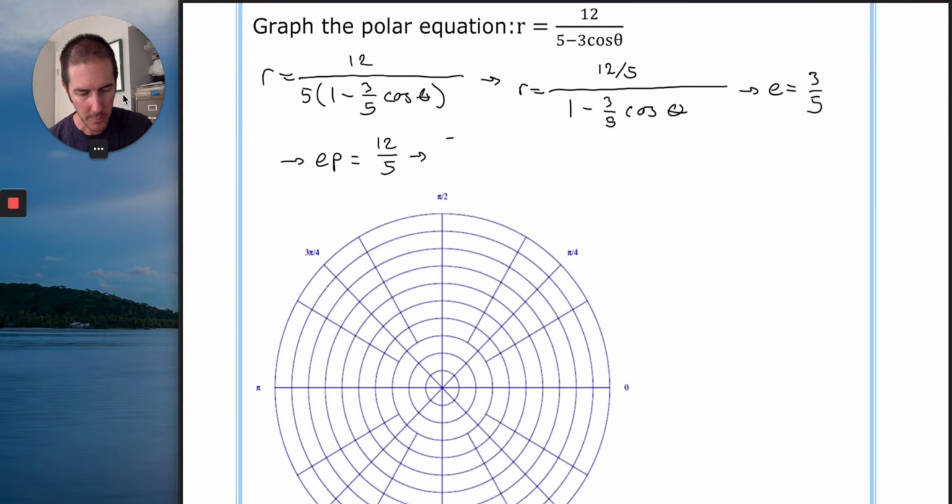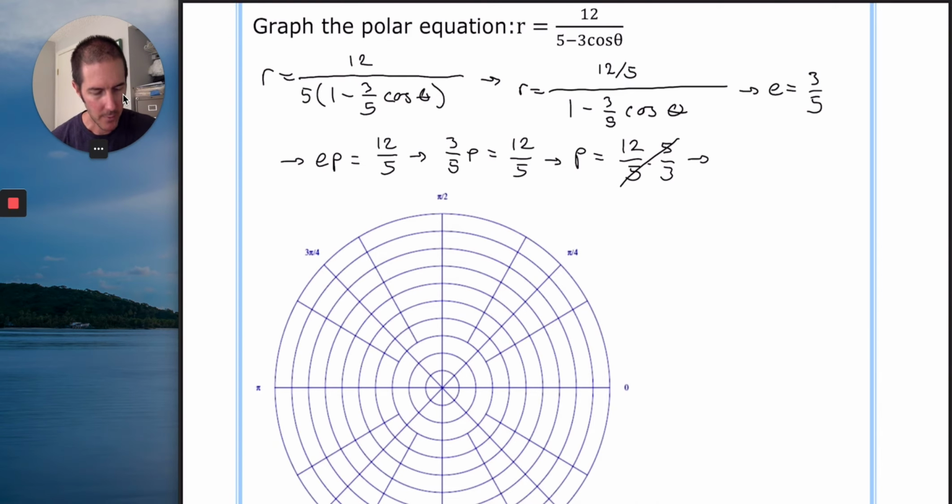Our e value is 3/5 times p equals 12/5. Multiply both sides by the reciprocal of 3/5. So p is going to equal 12/5 times 5/3. The 5's cancel. 12 divides by 3. That's very nice. We get a p-value of 4.